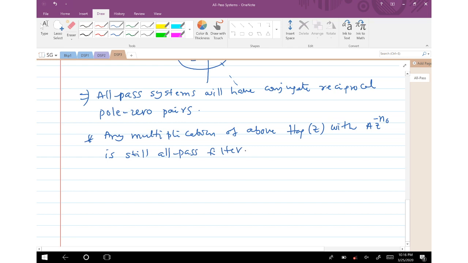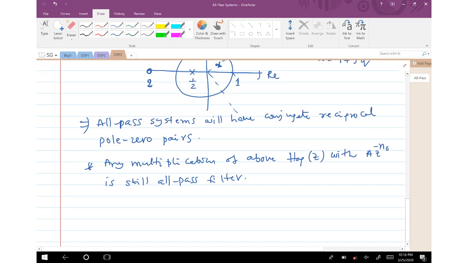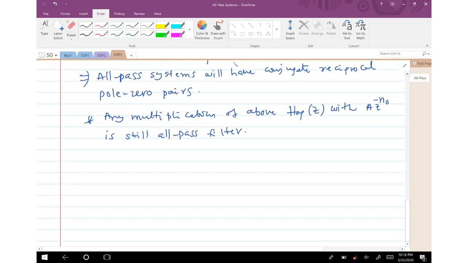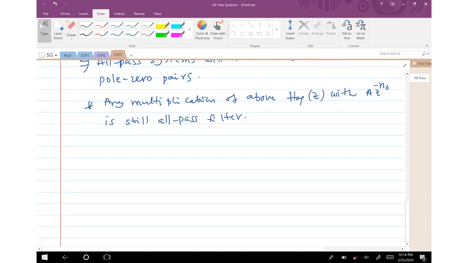Before we move further, one more point to mention here is any concatenation of these filters, a cascade of these filters, would still result in another AllPass system. What we are going to see now is the general form of AllPass filters.